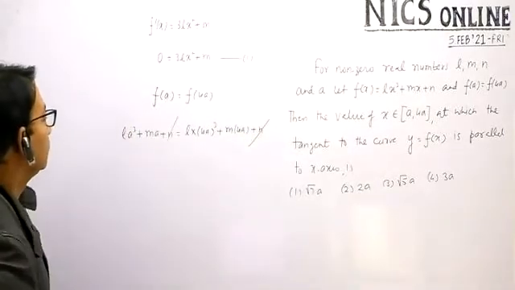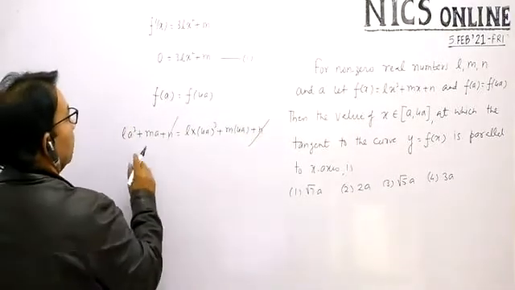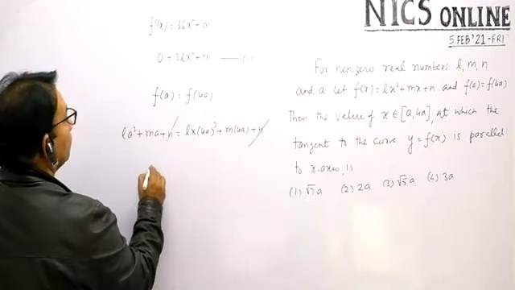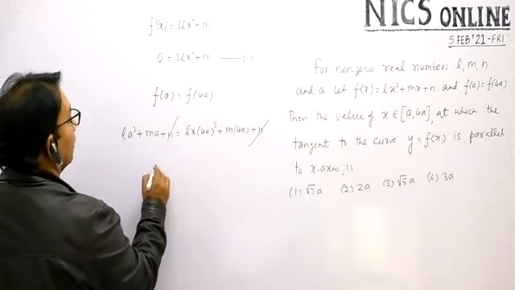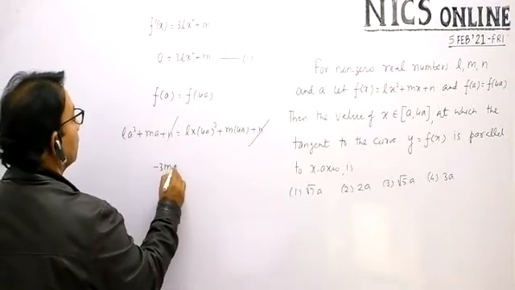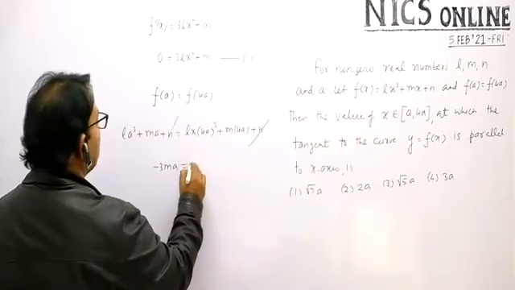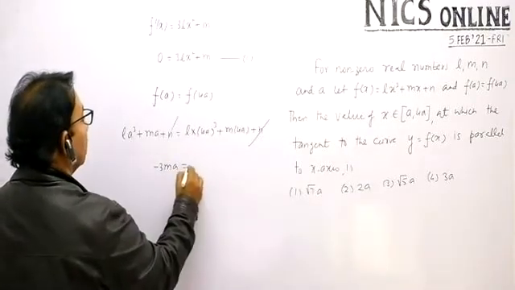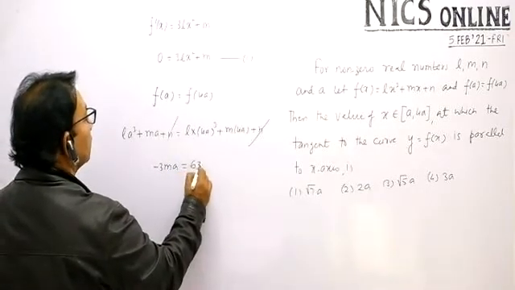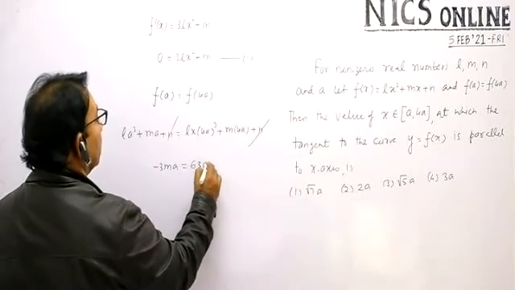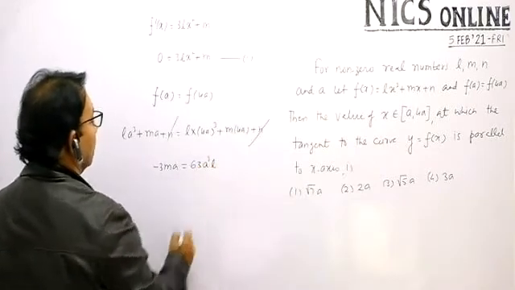The n cancels out. So this would be minus 3ma is equal to, this is 4 cube, that is 64 minus 1, that will be 63 a cube l.